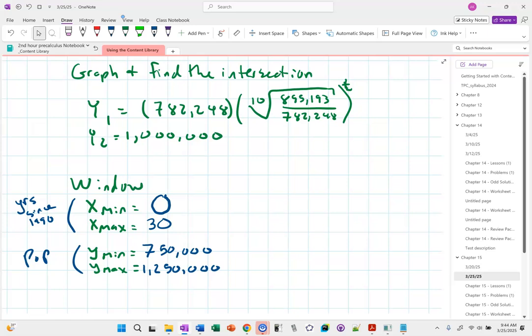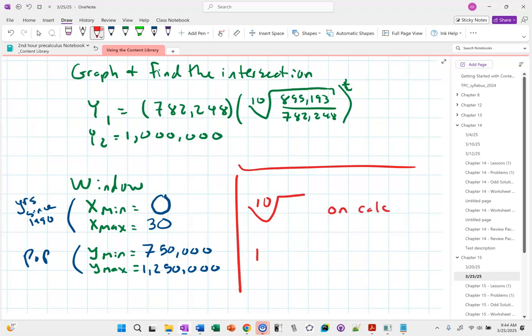I guess I should say, do you guys know how to get a 10th root onto your calculator? Okay. So you'll type in the number 10.